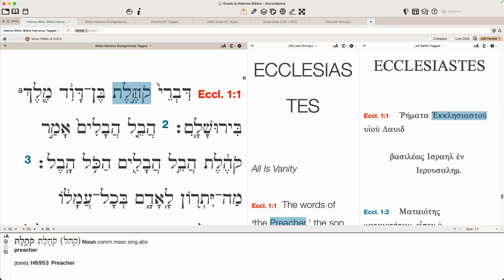But why is that a feminine looking form listed as masculine?